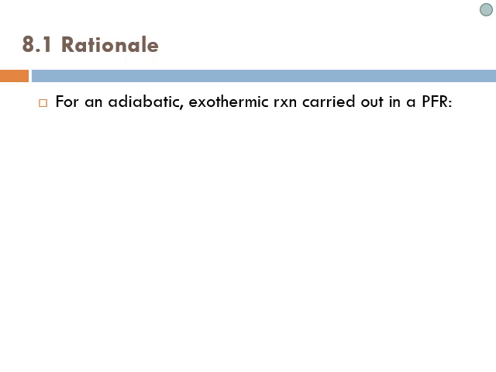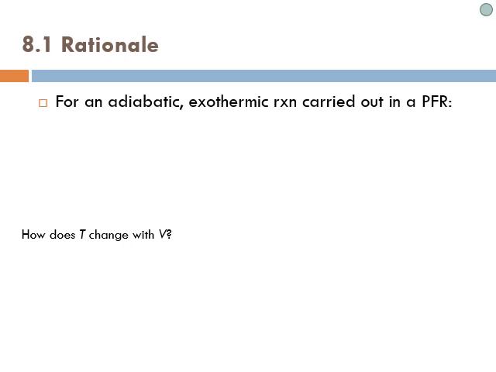For an adiabatic exothermic reaction carried out in a plug flow reactor. So let's take a plug flow reactor where we have an exothermic reaction carried out and the reactor is run adiabatically. So the question is, how does temperature change with volume?